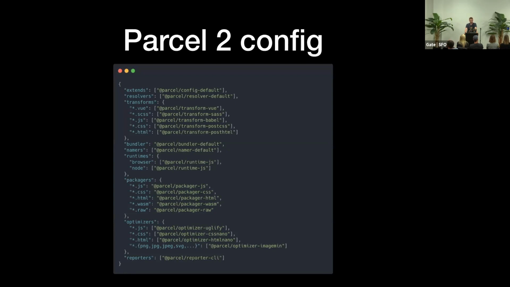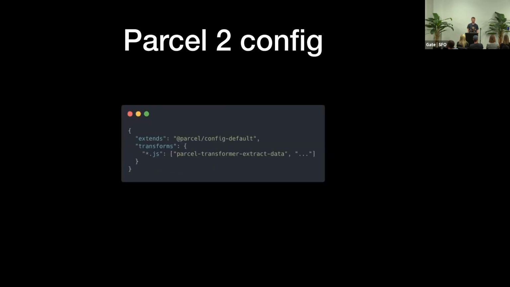You set up these pipelines where you map file types to plugins, and Parcel will just run through this. Now, this is a large config showing you pretty much everything, all the plugin types. Most applications won't need a config at all, but if you do, it's probably going to look more like that. You can extend the default config and add additional transforms and other types of plugins in here to do just what you need.